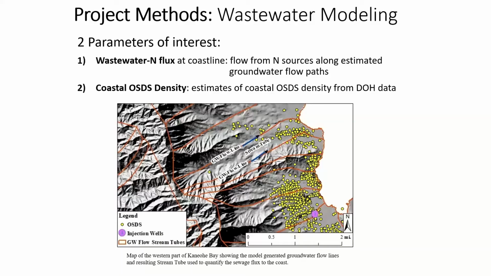For the wastewater modeling, we had two parameters of interest. There's wastewater nitrogen flux, the amount of nitrogen that we expect to come out of the coastal environment into the ocean that's wastewater derived. And also coastal OSDS density, as we understand that a high density of OSDS near the coastline will likely put a fair amount of wastewater onto that coastline.